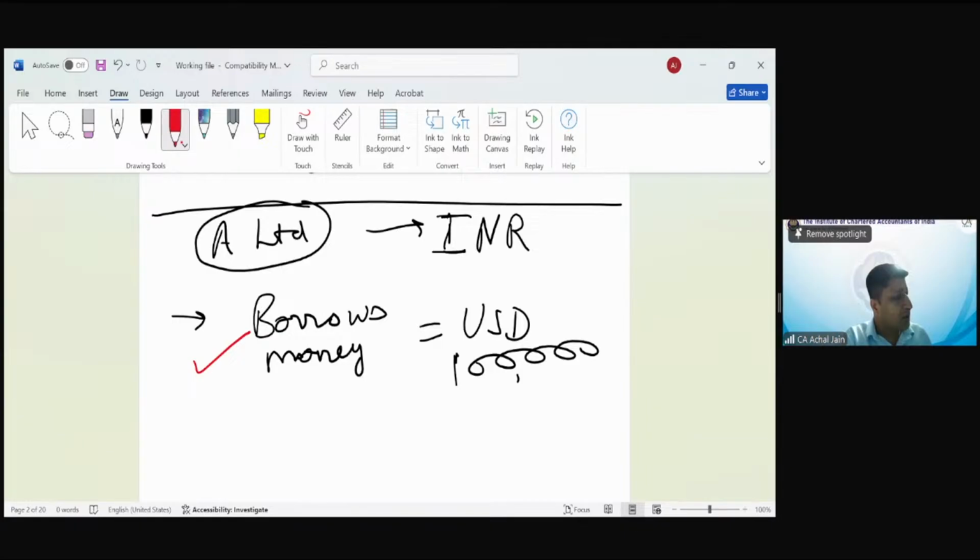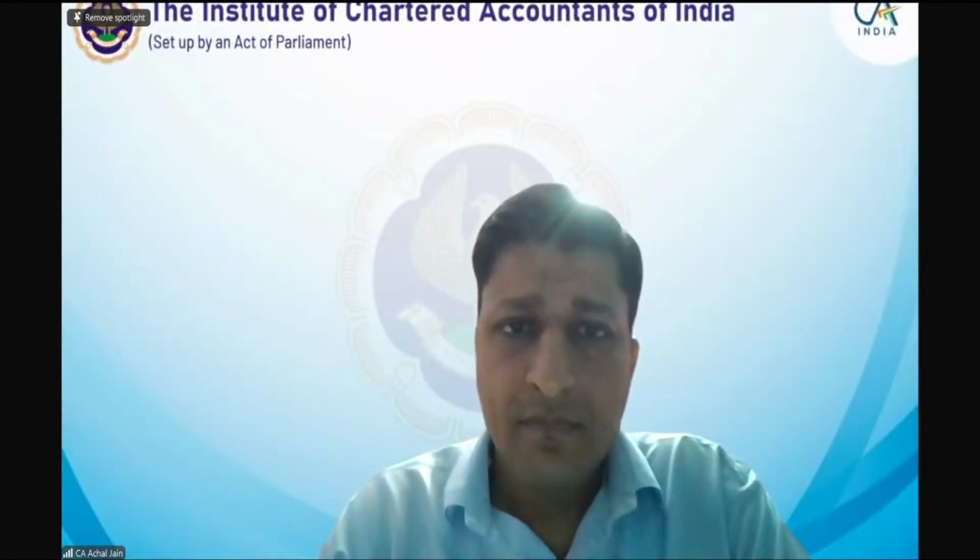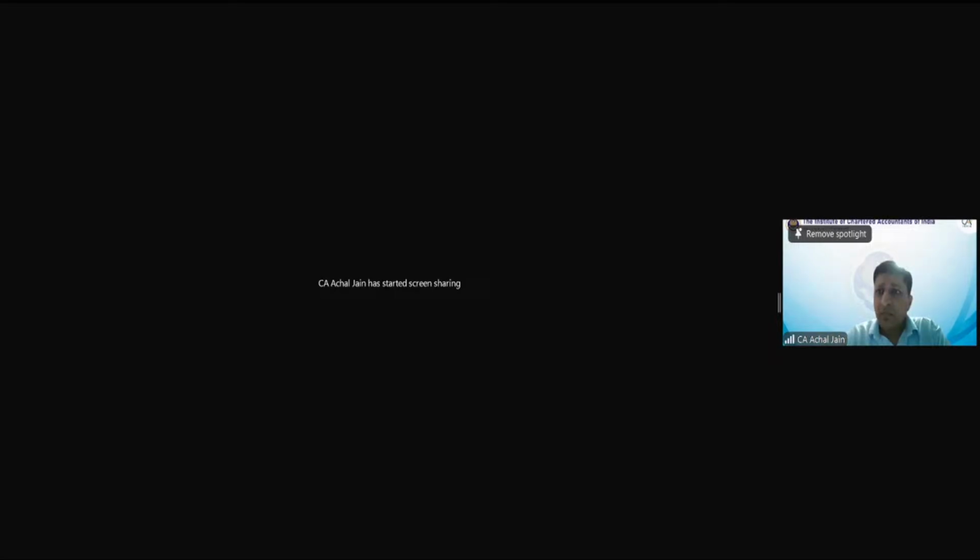Now, there's one more concept which is linked to this. Let's talk about that concept also, which is called monetary or non-monetary assets or liabilities. Now, what is monetary? As regards this, monetary items are something which is determinable.